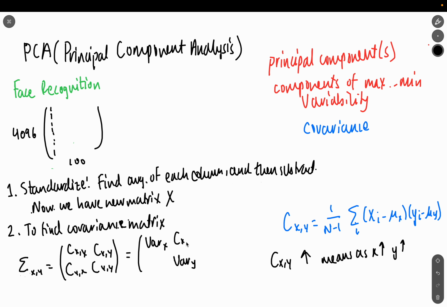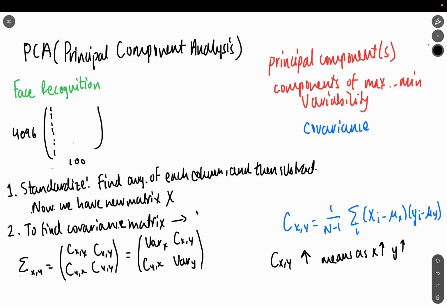And here we have the covariance of x and y, and here we have the covariance of y and x. Technically, I could use sigma squared for variance, whatever. So to find the covariance matrix, we have our matrix X that we've centered and standardized.